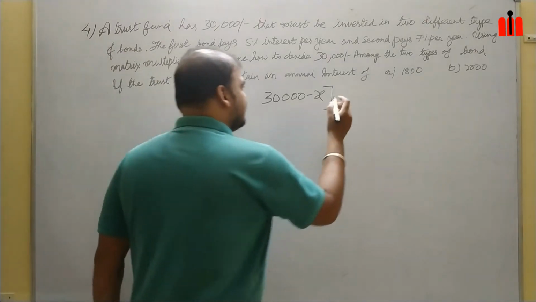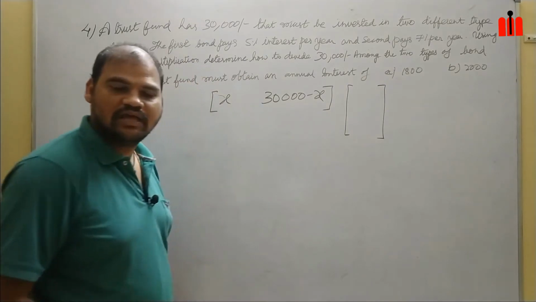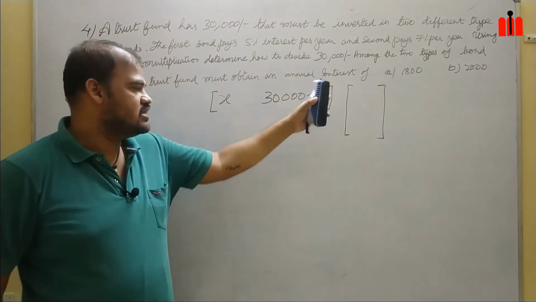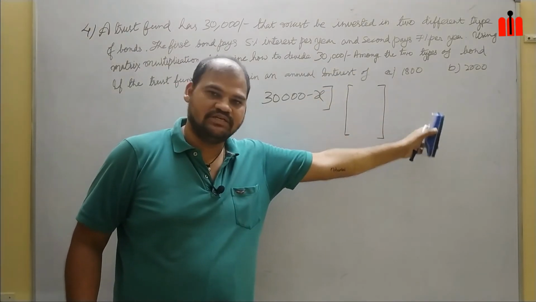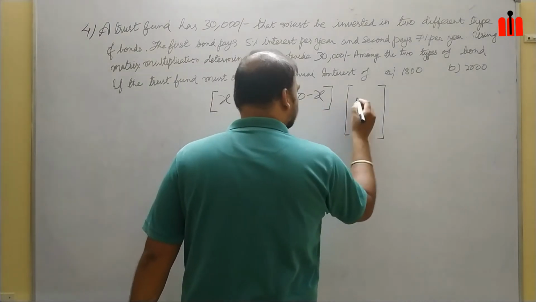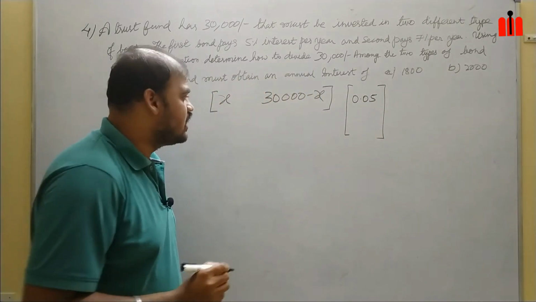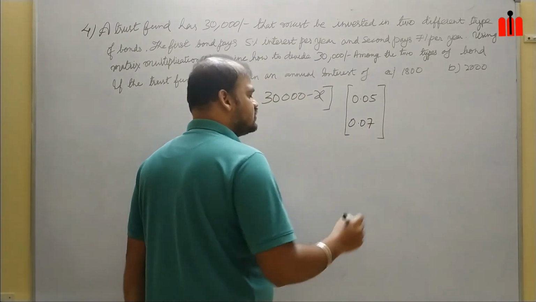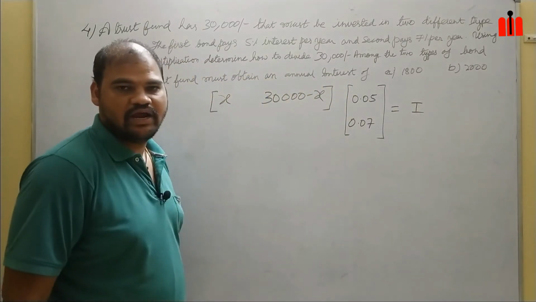Now it should be multiplied with the rate of interest to get the amount of interest, right? So the first bond is having 0.05 interest, and the second bond is having 0.07 interest, and this will give the total amount of interest.